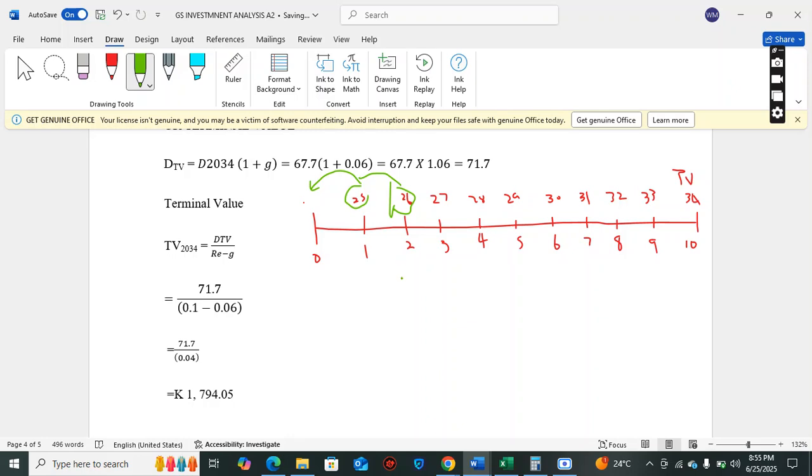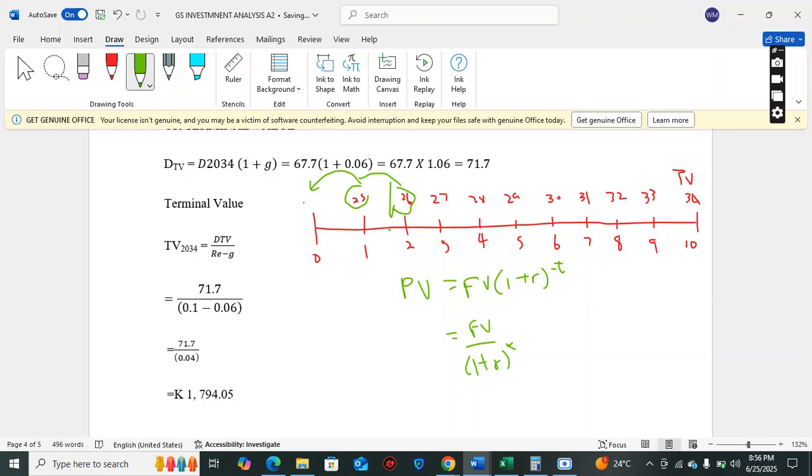Because colleagues, remember the formula for present value is present value equals future value times 1 plus r to the power negative t. Or it can be written as FV over 1 plus r to the power t.